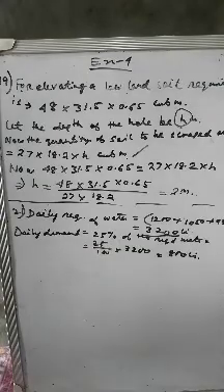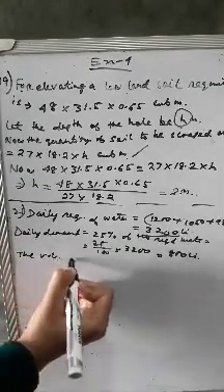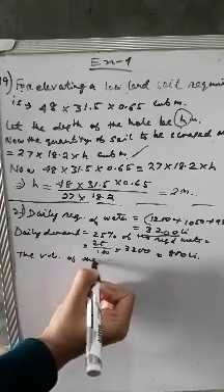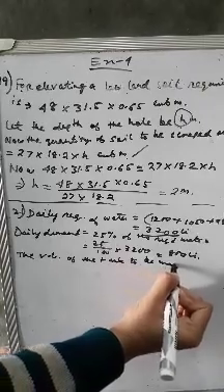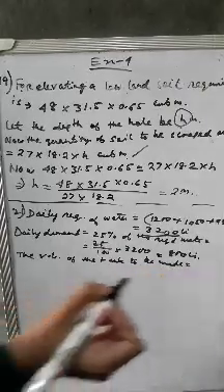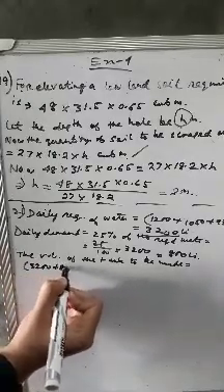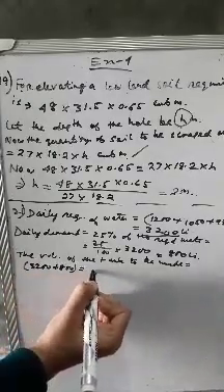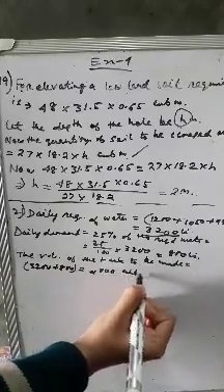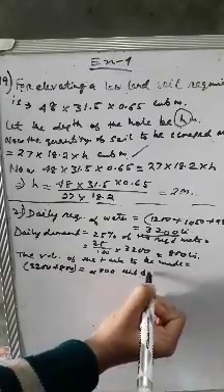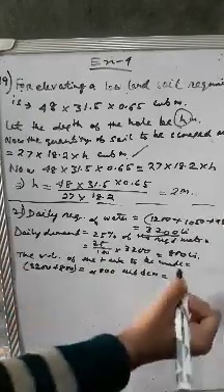So I am writing the statement: the volume of the tank to be made equals 3200 plus 800, which is equal to 4000 cubic dcm or 4 cubic meter.